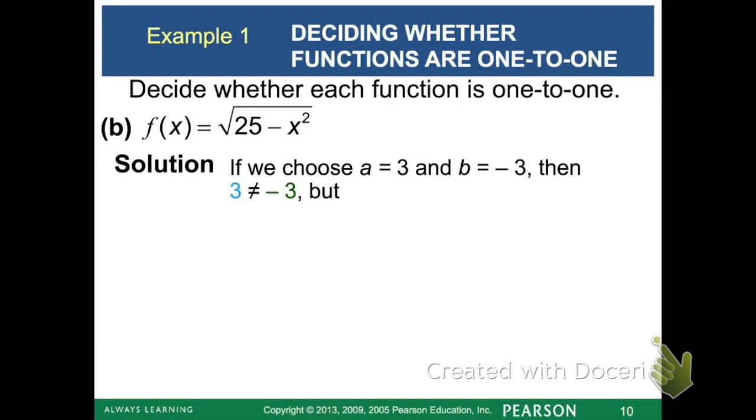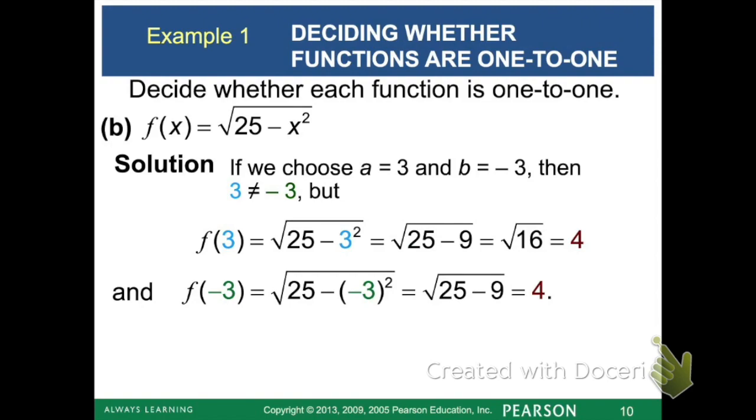So what we're going to do here is prove that this isn't a one-to-one function. So let's use a as 3 and b as negative 3. We'll find f of a, f of b, and we're going to show that they're equal to each other. So if I plug 3 into my function, and I plug negative 3 into my function, I get out 4 both times. That's like getting the points 3, 4 and negative 3, 4.